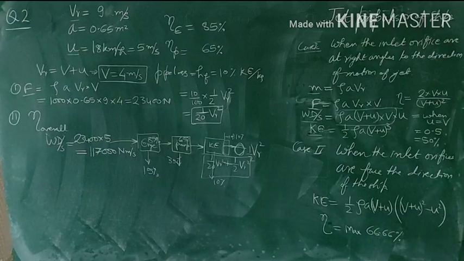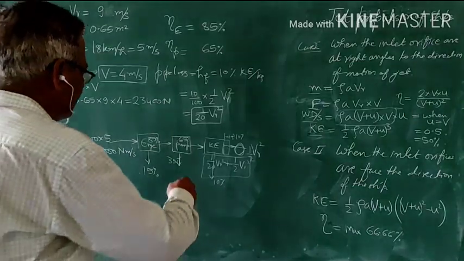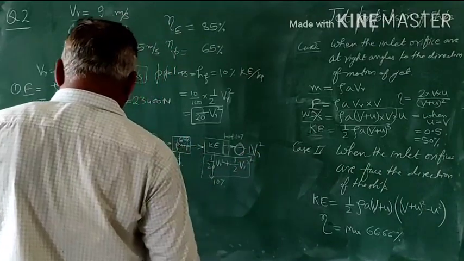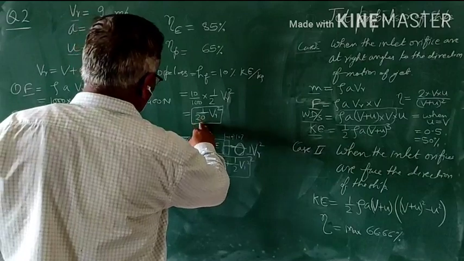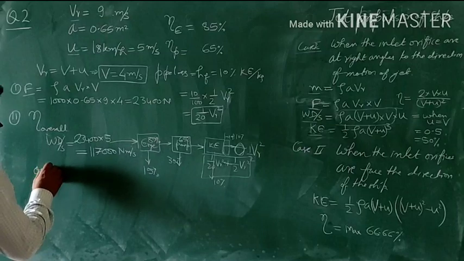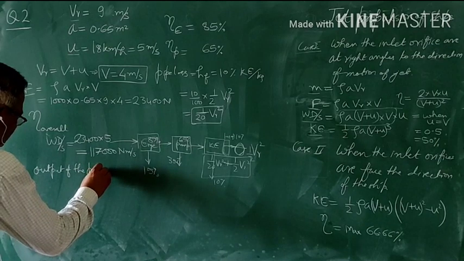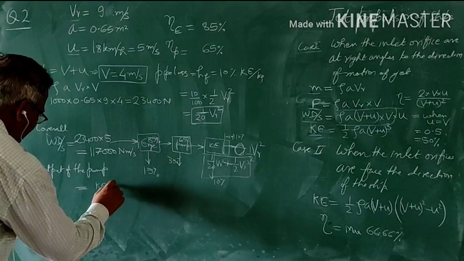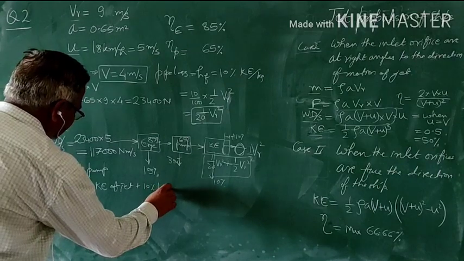Okay. Now, the output of the pump, in this case, should be such that it gives a relative velocity Vr at the exit and also takes care of the loss of 10%. So the output of the pump should be equal to the kinetic energy of the jet plus 10% loss of the kinetic energy.